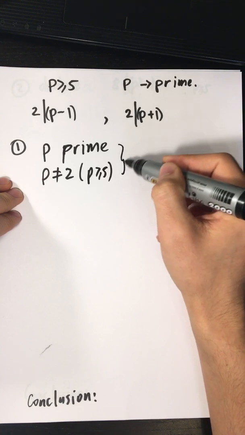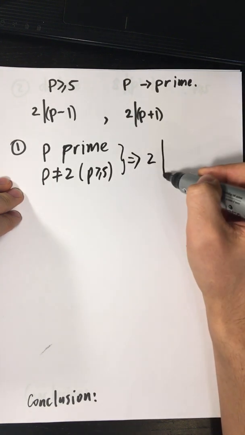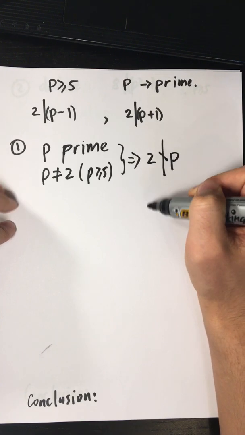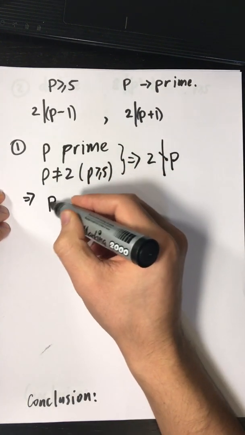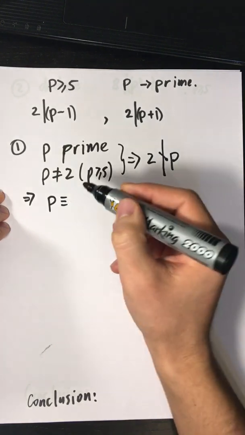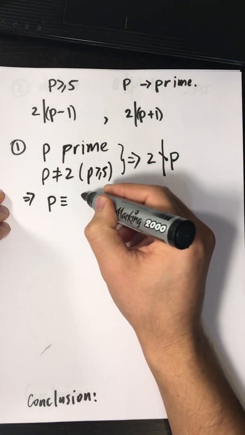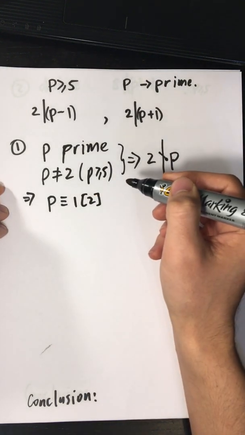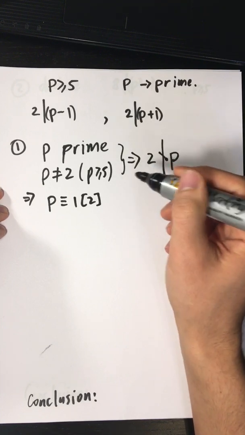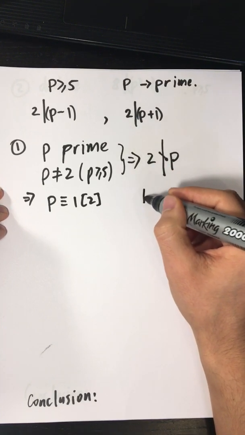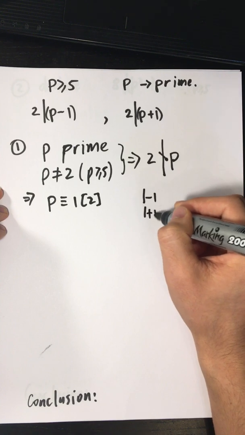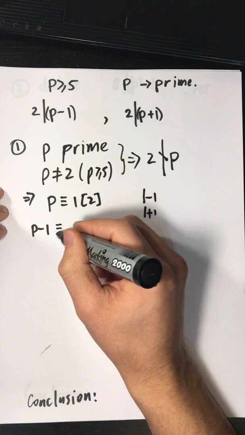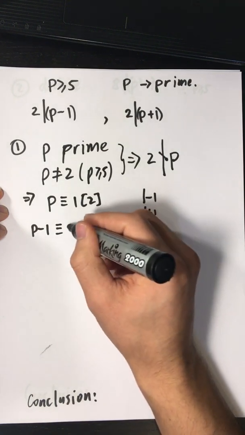So based on this, 2 doesn't divide p. If you divide p by 2, p mod 2 is equal to 1. According to the properties that I just showed you, you can subtract 1, and then you can add 1. If you subtract 1, you will have p minus 1 mod 2 equals 0.